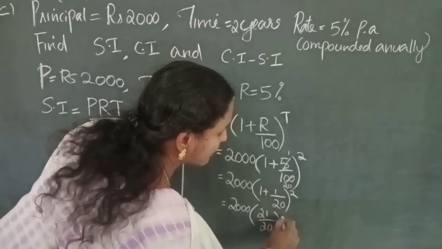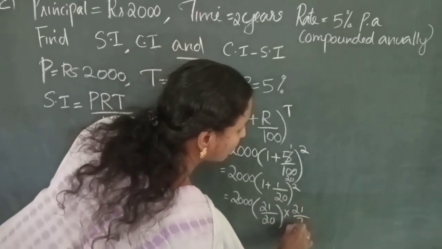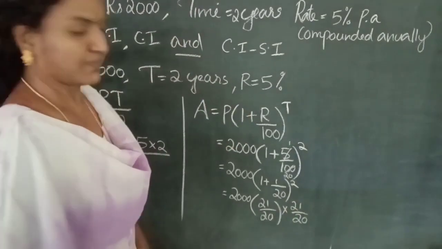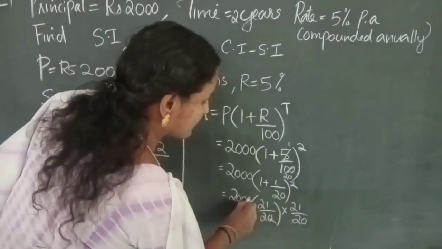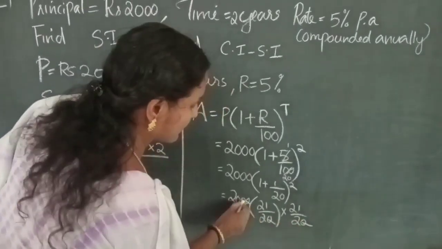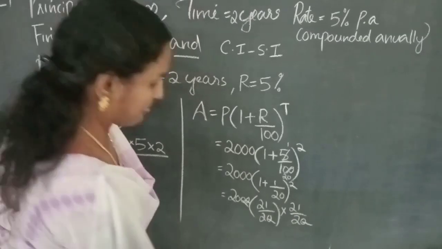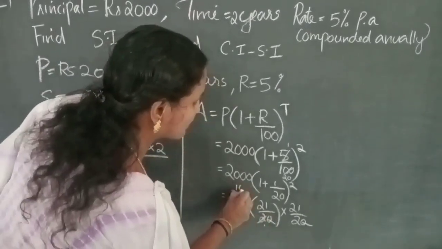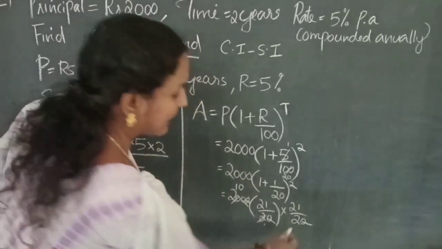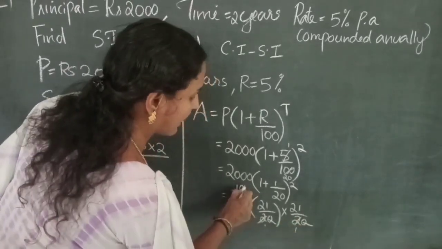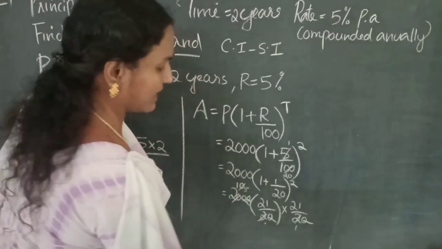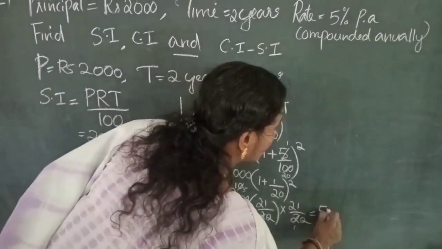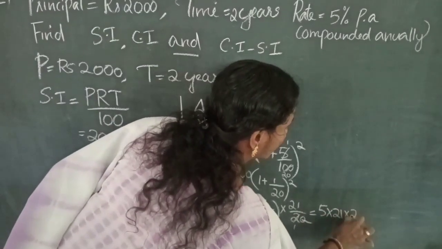The whole square means 21 by 20 into 21 by 20. The zeros cancel, and cancelling the twos again, it is equal to 5 into 21 into 21.